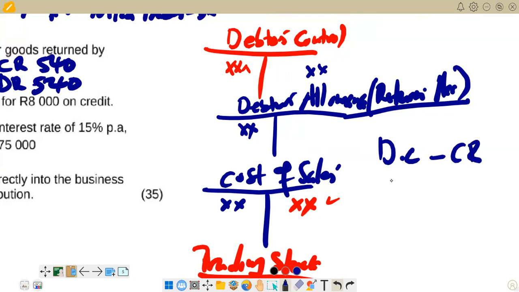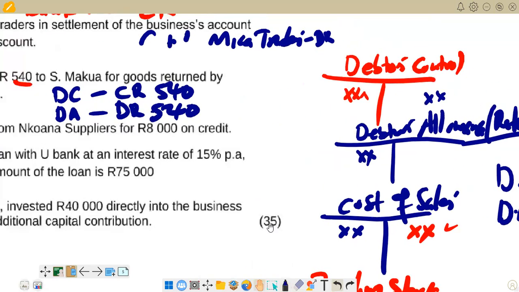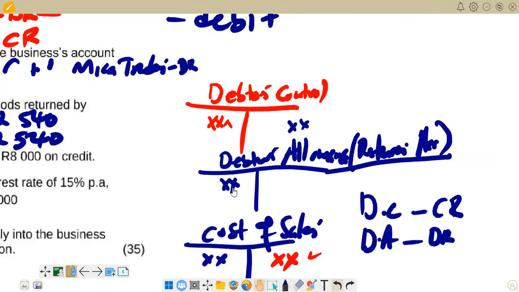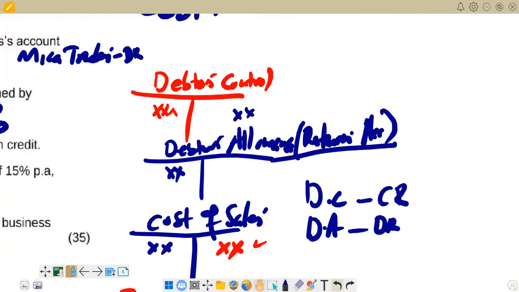We credit the debtors control, and we debit the debtors allowance. And remember the figure that we are going to use there. Let's just recheck the figure. The figure is 540.